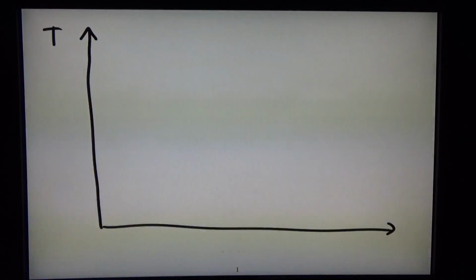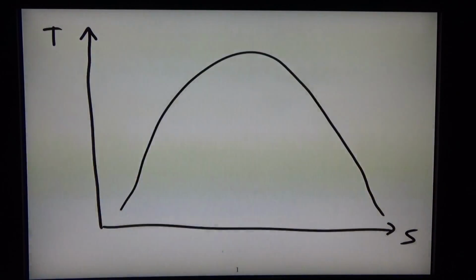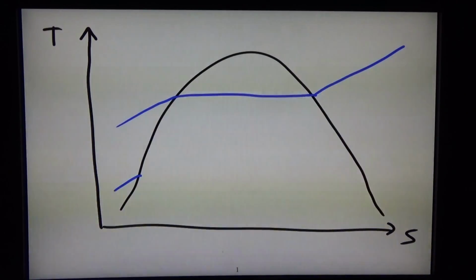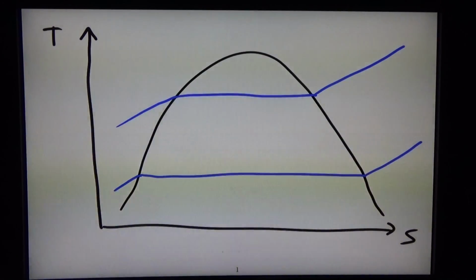Alright, so last thing we need to do is sketch out this thing on the TS diagram. We have steam, so we need to put in the saturation dome. We can put in our constant pressure lines. The initial pressure was 30 bar.